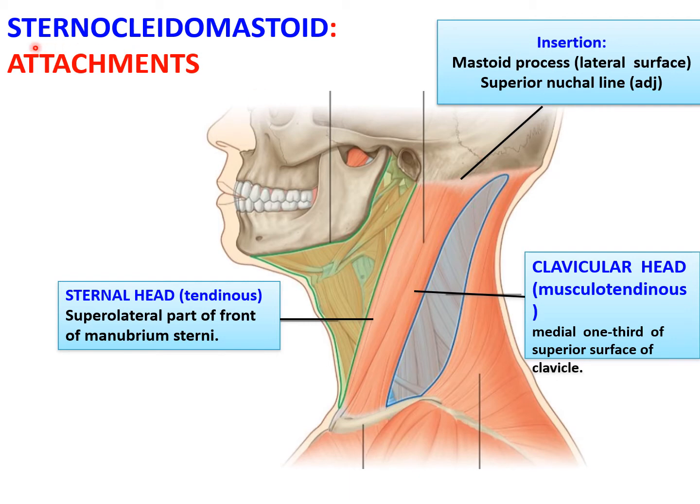So, the name is sternocleidomastoid, that is, the origin is from the sternum and the clavicle, whereas the insertion is on the mastoid process and the adjoining part of the superior nuchal line.